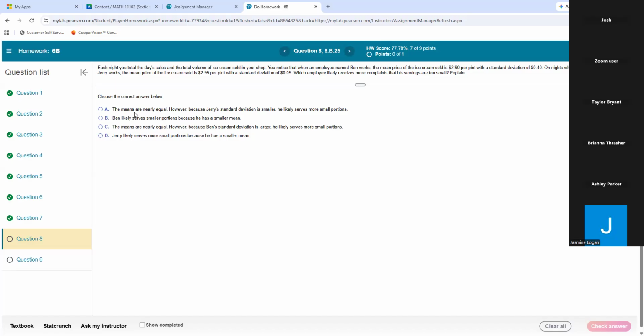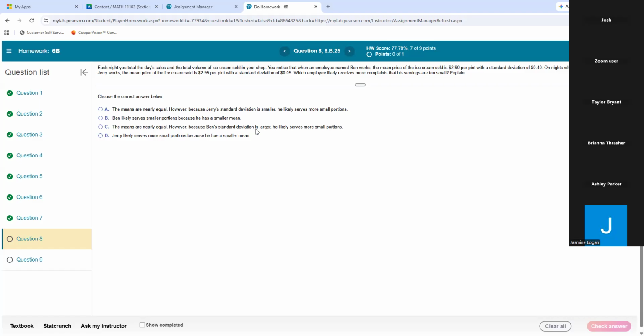So let's see, because the means are pretty close, 290, 295. But see, that's wrong because his standard deviation is smaller. He's serving more small portions. Ben, let's see.